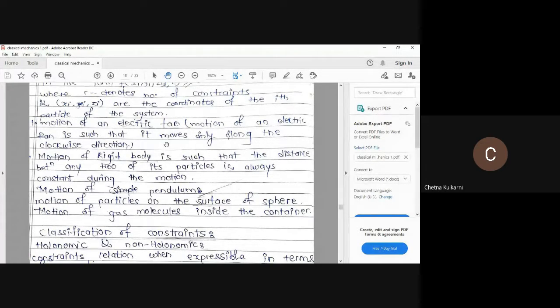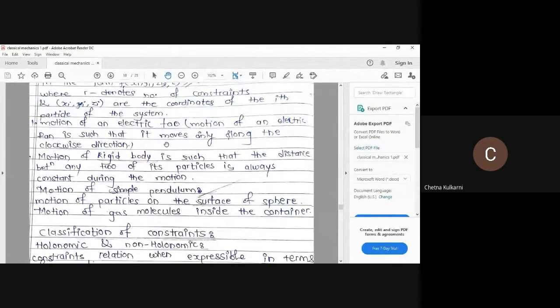You can apply any type of motion to this duster, rotational motion, any type of translational motion, and the distance between any two particles of it will not change unless you break it. If you break it, only then will the distance between those particles change. Otherwise, the distance between any two particles will be the same after moving to another point.